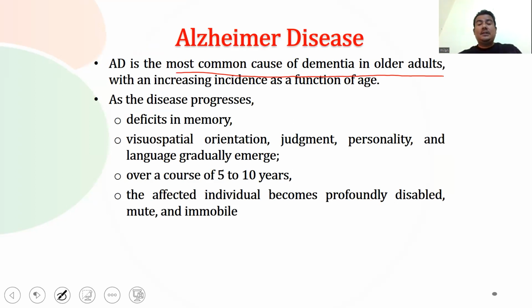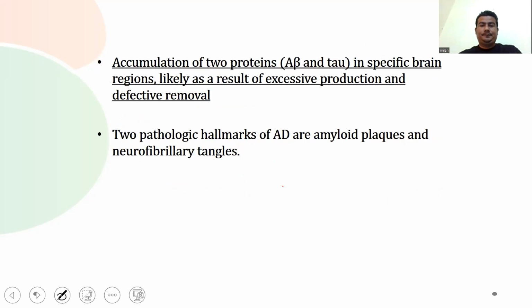As the disease progresses, it causes deficiency in memory, visuospatial orientation defects, defects in judgment and personality, along with language, which emerge over a course of about 5 to 10 years. And then the affected individuals become profoundly disabled, mute, and almost immobile.